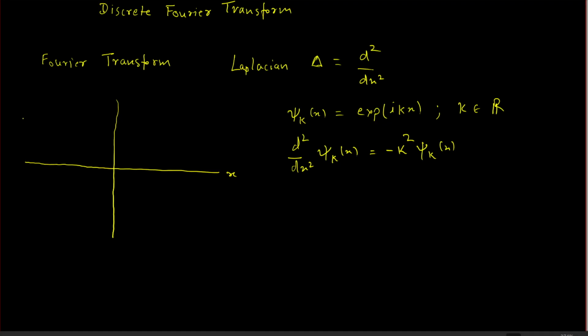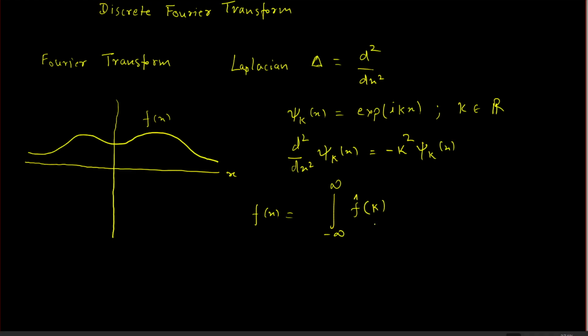So if we have any such function on the real line, then it can be written in terms of these functions psi k(x) as a linear combination, integrated from minus infinity to infinity.